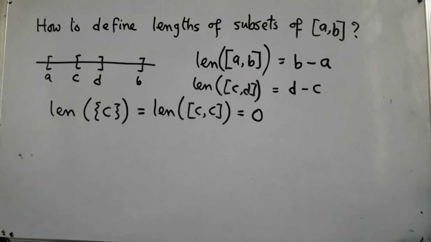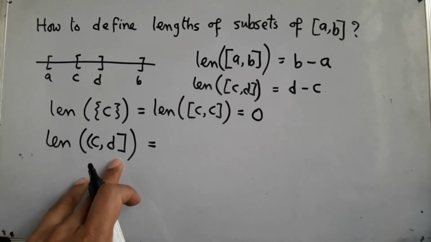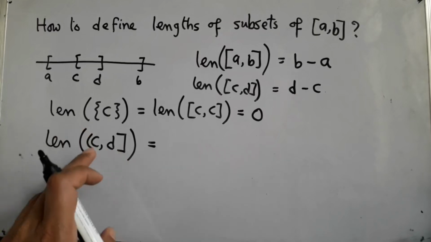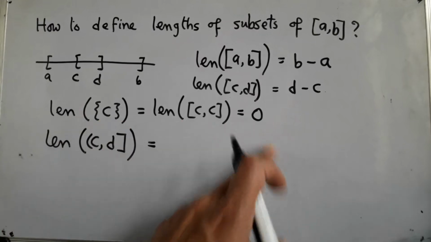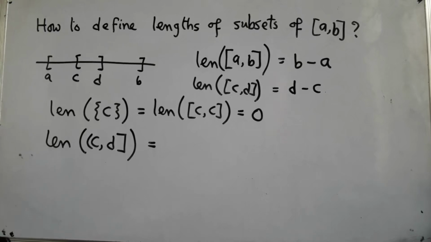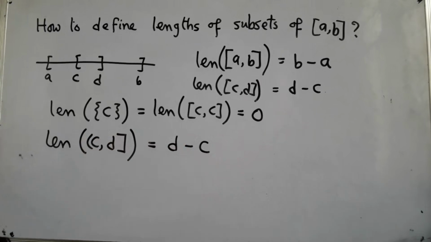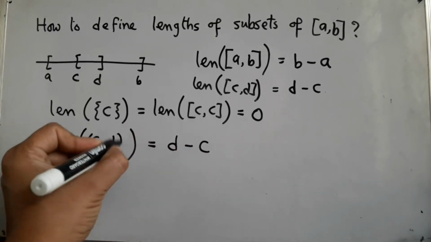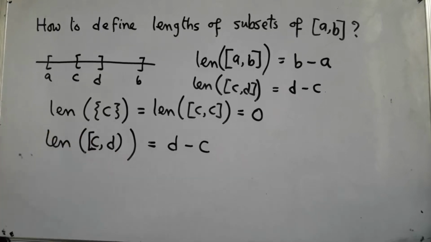So immediately you can say that the length of this semi-open interval is the length of the closed interval minus the singleton C. But since the length of the singleton is anyway 0, nothing actually changes. So this should again be D minus C. And by the same reasoning, you can drop D also, no problem. You can keep C but not D, that is also not a problem.